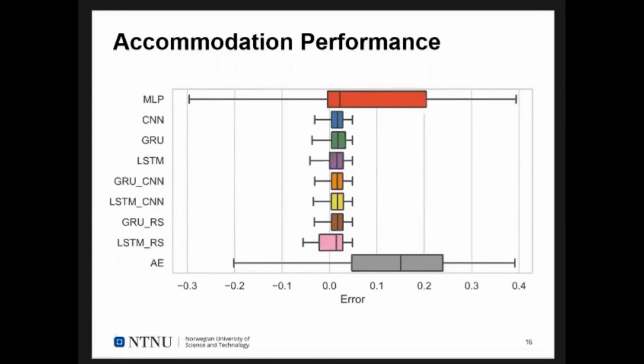So this is a combination of the estimation capability of the virtual sensors, but also integrated with the decisions coming from the classifier, because you will run the accommodation if there has been a detection and if that sensor has been claimed to be in fault. So this kind of performance takes into account the whole chain of detection, isolation, and estimation. And with this performance, again, we see that the MLP and the autoencoder-based solutions were not extremely good, but with this CNN specialty solution, we can have much more interesting performance.